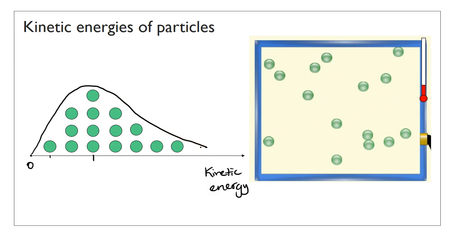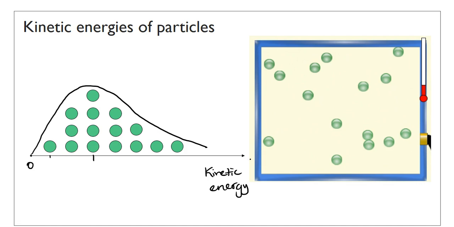In reality, you probably don't have just 15 particles in a mixture. You're definitely going to have a lot more than that. But you're going to have a curve with this characteristic shape. And this is called the Maxwell-Boltzmann energy distribution. It is a graph that describes the distribution of energies of particles in a mixture, and it always takes this characteristic shape.